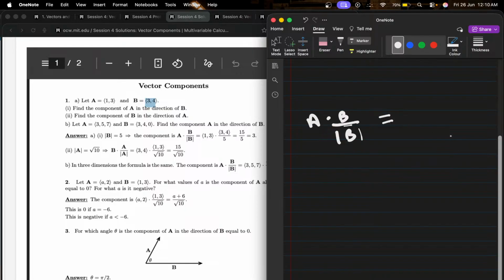So the value of this mod comes out to be 5, because if we take this, it comes out to be under root 25. So yeah, it will be 5.